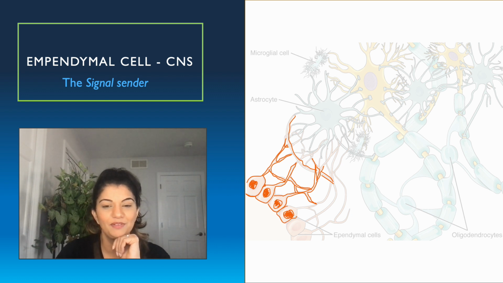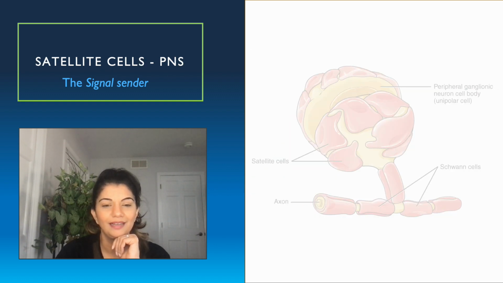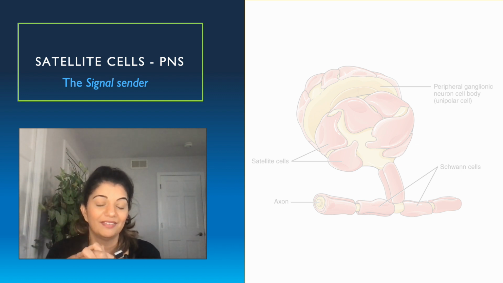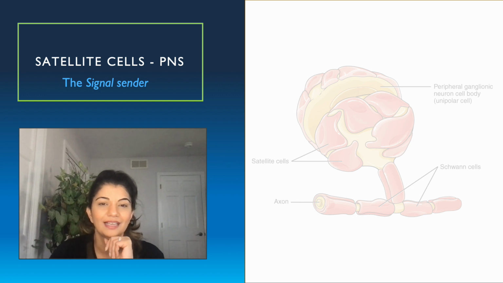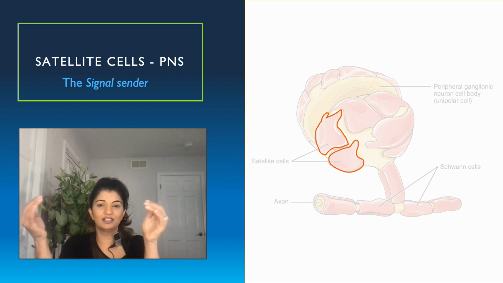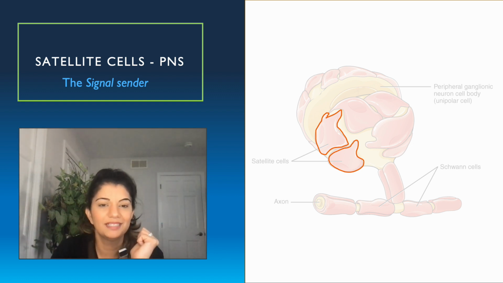All right, let's move on to the next category, which is going to be the satellite cells, which are in the peripheral nervous system. Now, these cells, the satellite cells, are actually found in sensory or autonomic ganglia, where they surround the neuron and cocoon it to form a protective sheath.